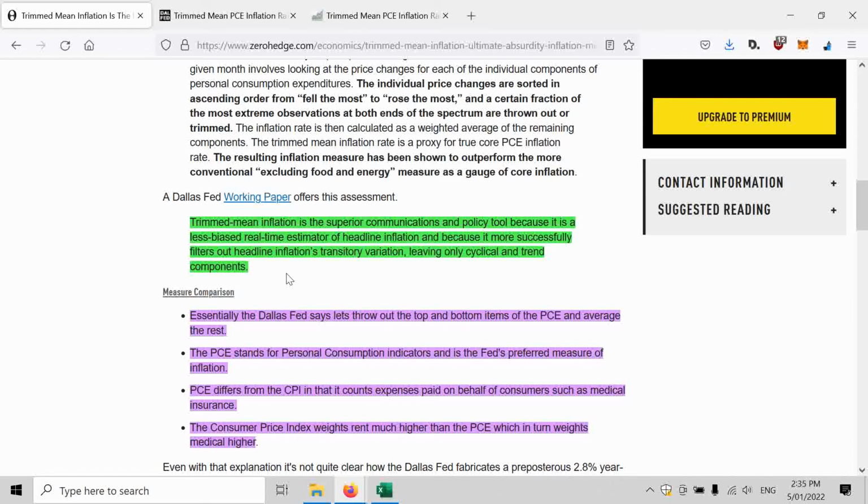So, as you are probably familiar, the Federal Reserve has been caught recently with their pants down as far as inflation goes.